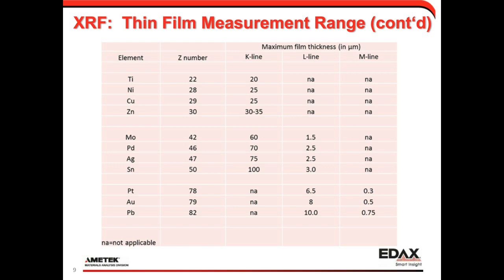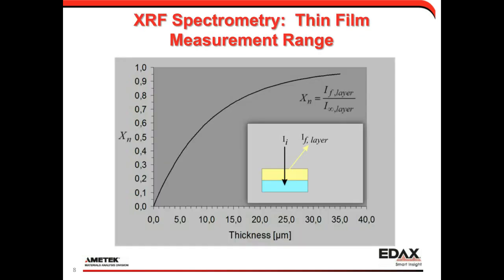One thing I should mention, when you're close to the maximum range, when you're out towards the asymptote, what you'll see is that if you're looking up in the X-ray intensity range of the normalized range, up around 0.8, 0.9, if you interpolate over to a position on the graph, you'll notice that small changes in X-ray intensity will create large changes in thickness because you're out on the asymptote at that point.